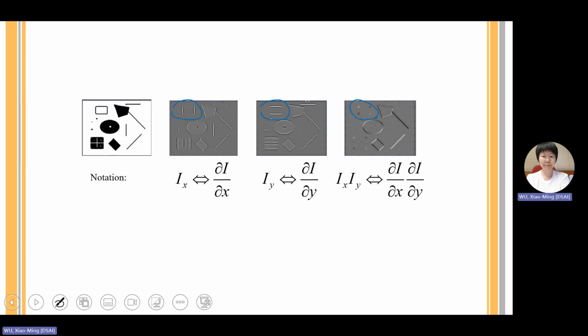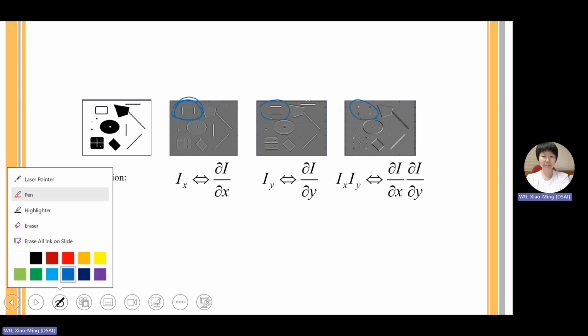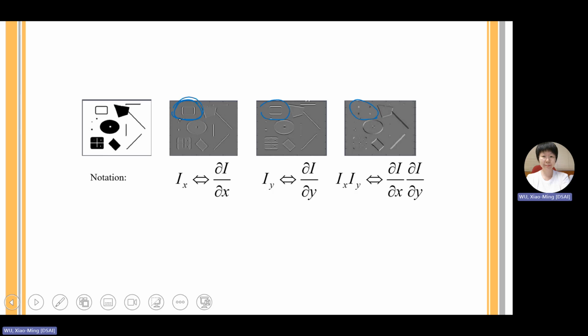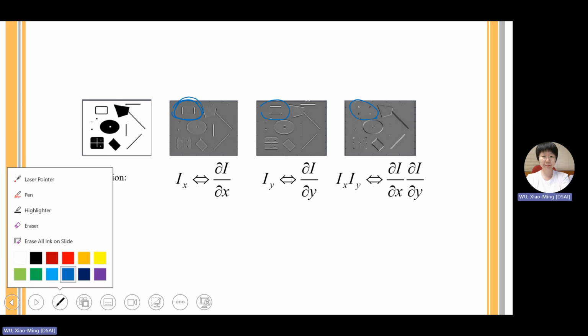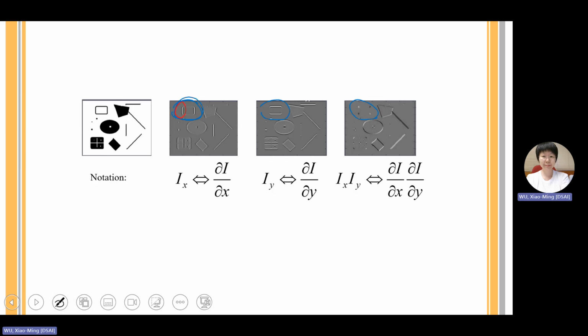Here you have non-zero ix for the two columns, and you have non-zero iy for the two rows. But their multiplication just gives you nothing.